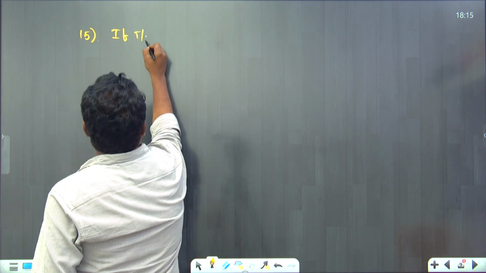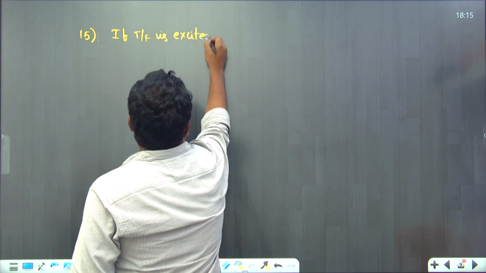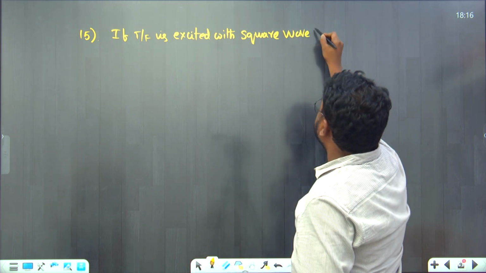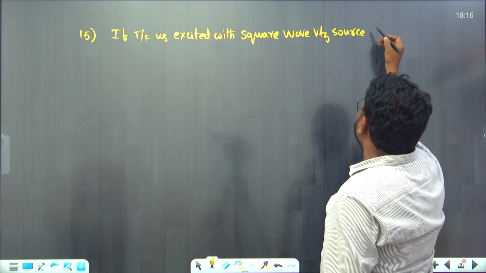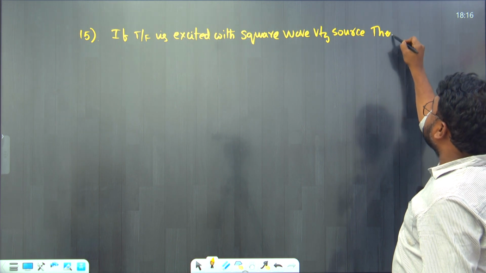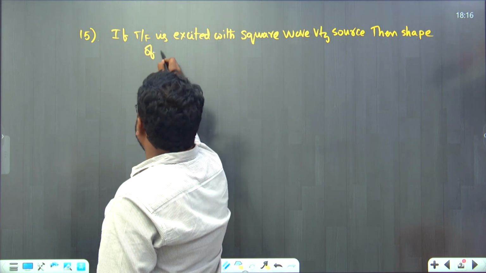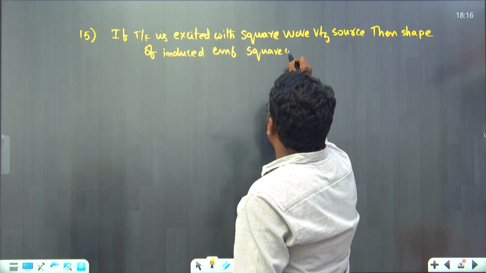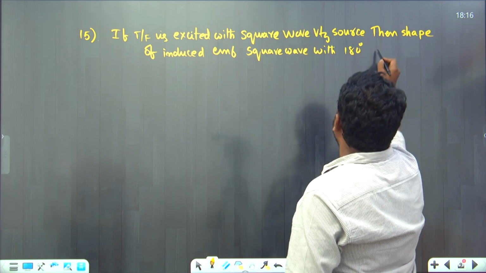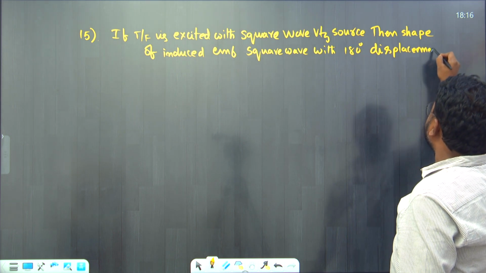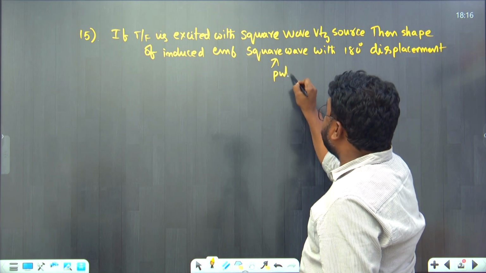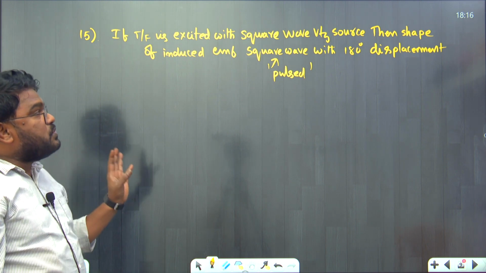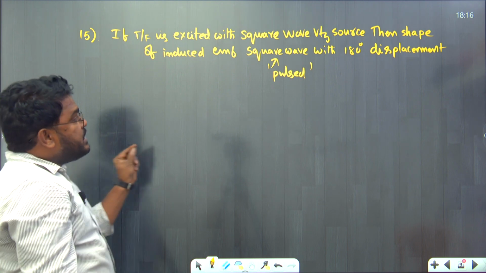If the transformer is excited with a square wave voltage source, then the induced EMF is a square wave only, with 180 degree displacement. Sometimes this square wave can also be treated as a pulsed wave. So that is a pulsed wave.